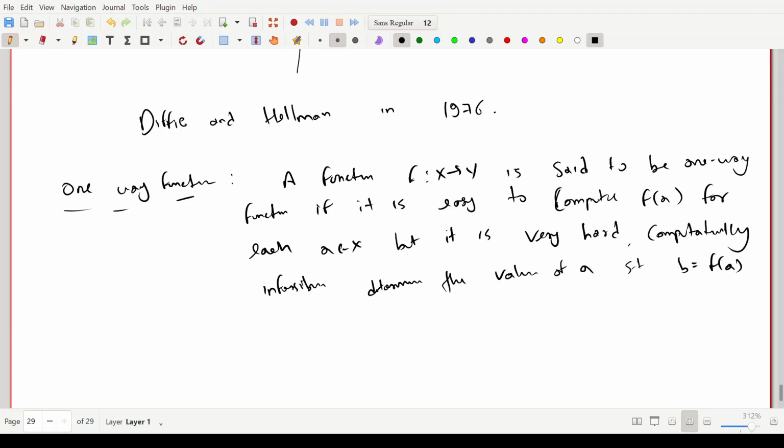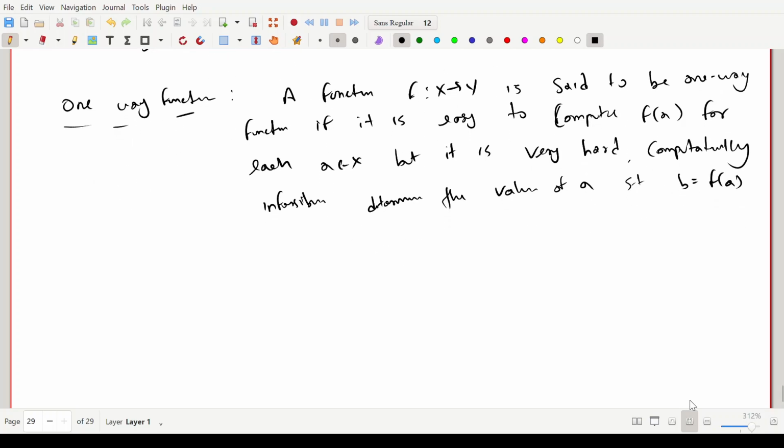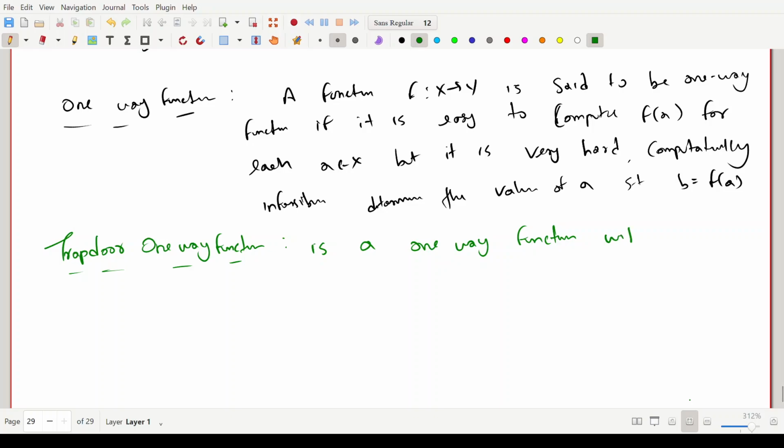There is one more thing, that is a trapdoor one-way function. A trapdoor one-way function is a one-way function with some secret information, which is called the trapdoor.